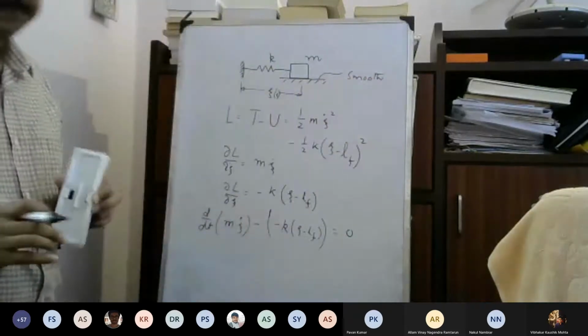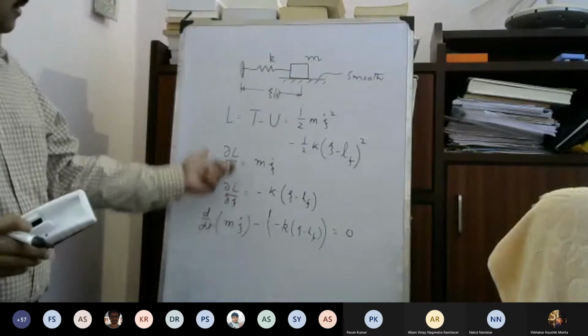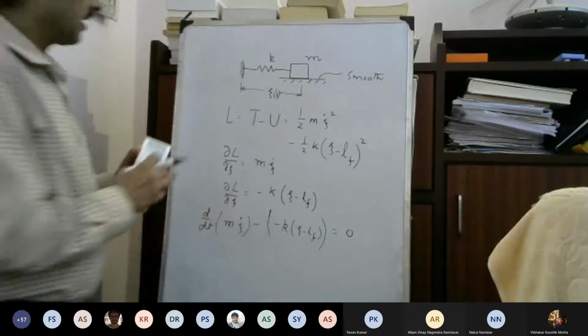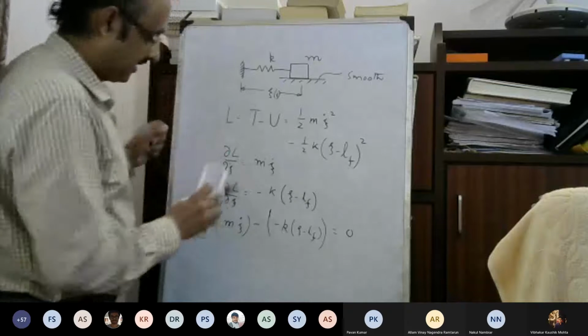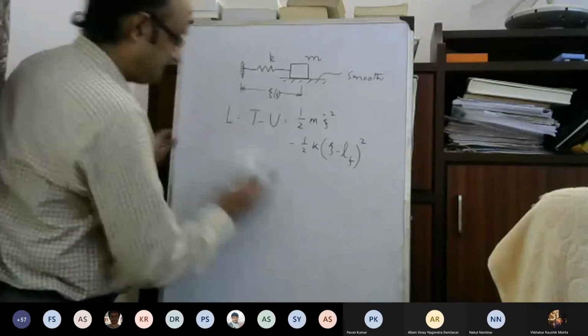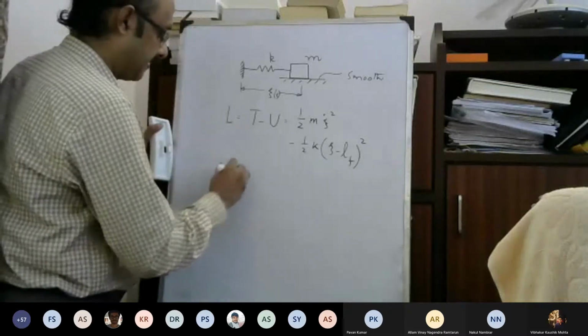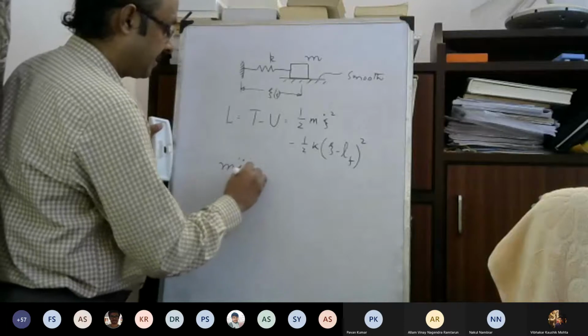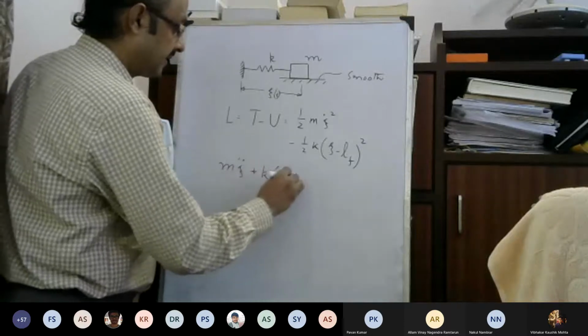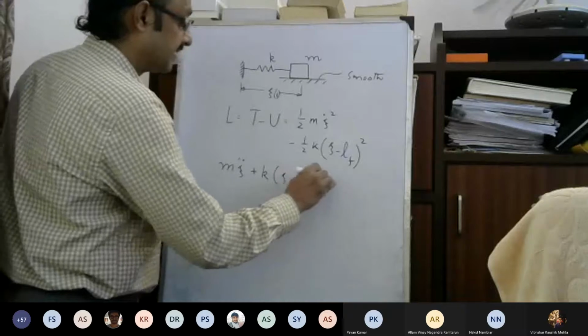So this will be the equation of motion. If you write it down neatly, it is m zeta double dot plus k (zeta minus LF) equal to 0.